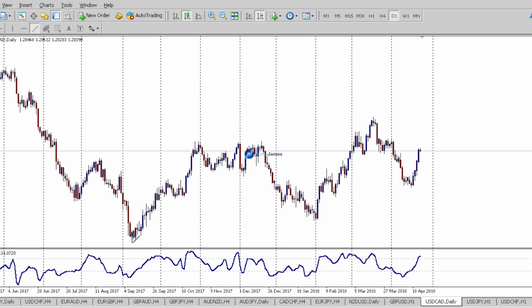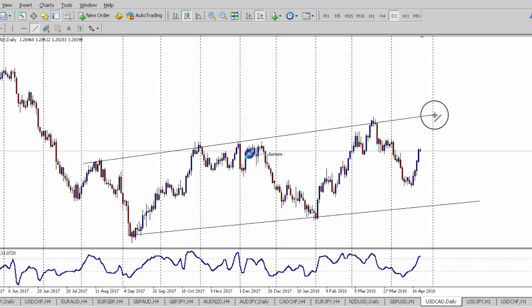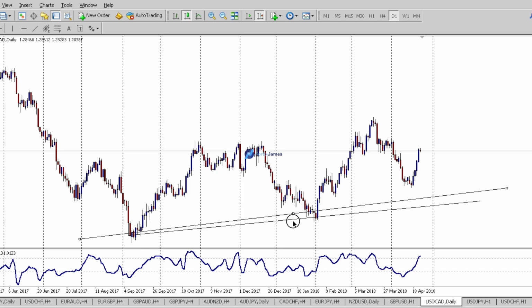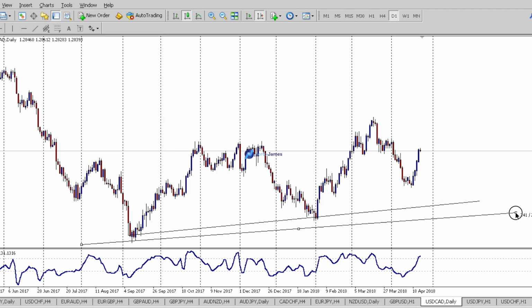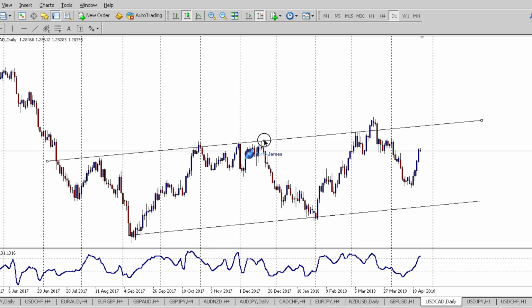Okay. This is why I always start off my analysis from the higher time frames, because they paint a clearer and a bigger picture.